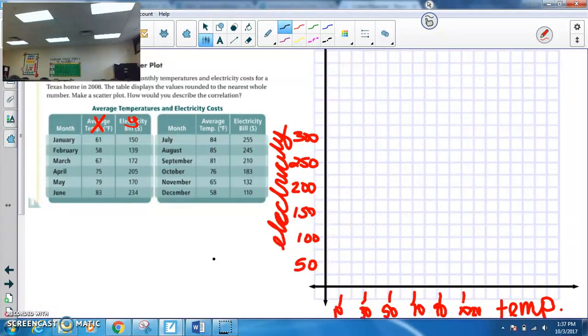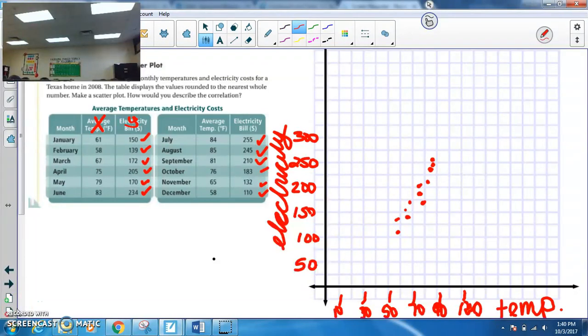So now I'm going to take each coordinate point. I'm going to take 61, 150. I'm going to graph 80, 58, 139. And I'm going to keep graphing, so I'm going to pause the video and finish graphing. You guys do the same.